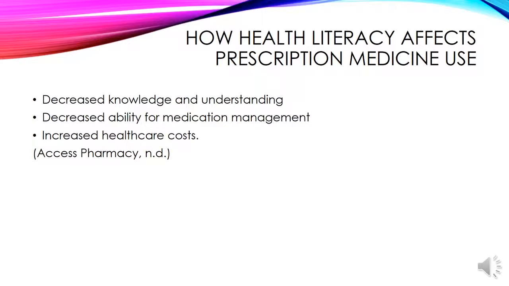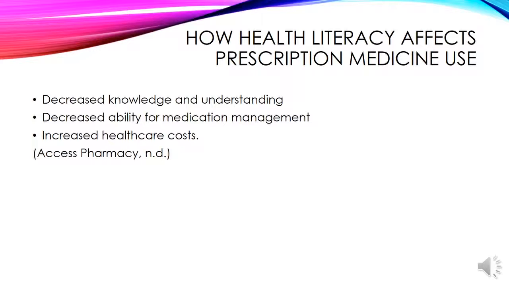So in this next slide we have how health literacy affects prescription medicine use. Prescription medicine use is when a doctor gives you some medicine and some instructions on how to follow them. How health literacy affects it is that if someone is illiterate, they have decreased knowledge and understanding on how to use that medicine.